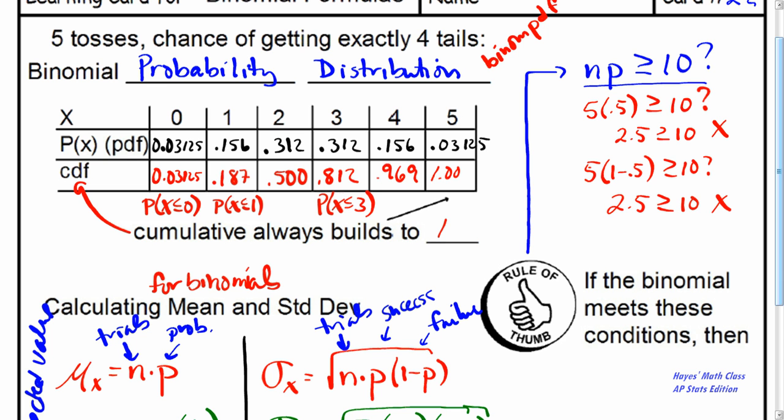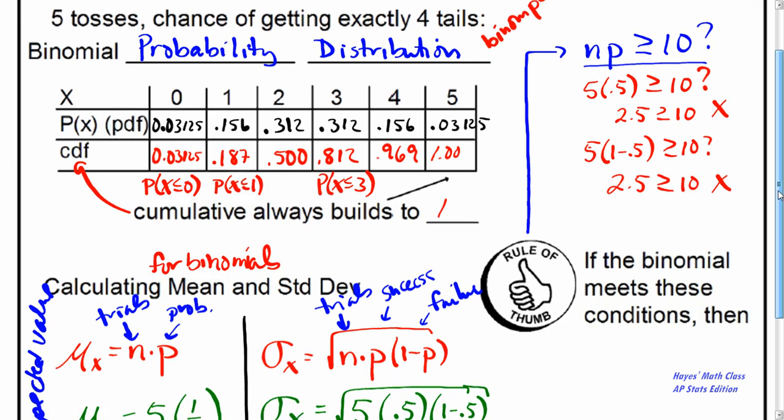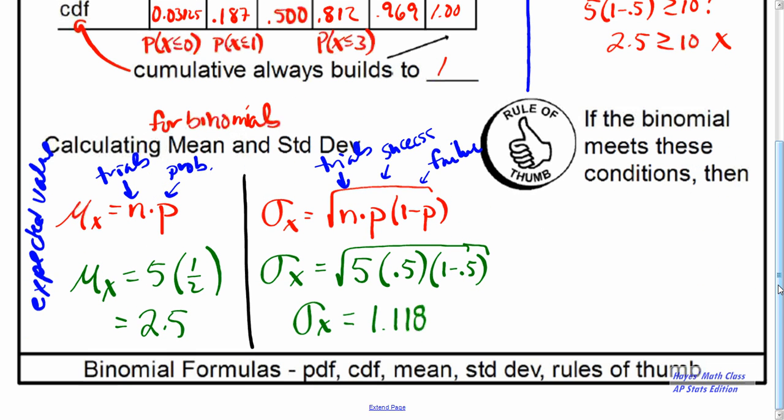Now, why are we checking that? Well, let me tell you. If both of those work, then if it meets this, we can treat the distribution as approximately normal.